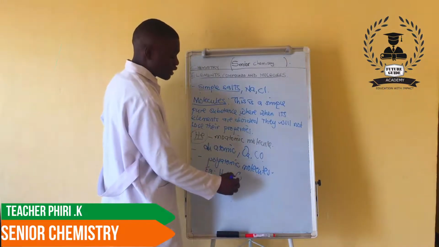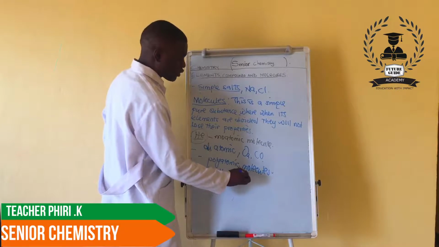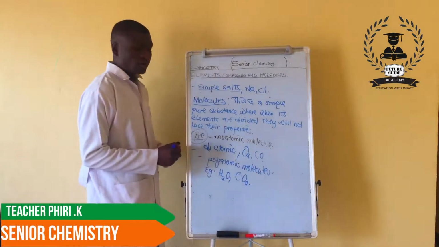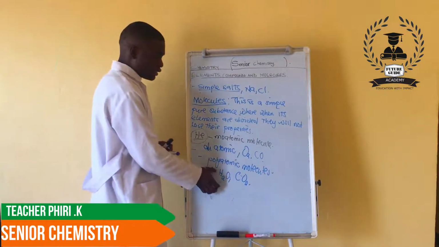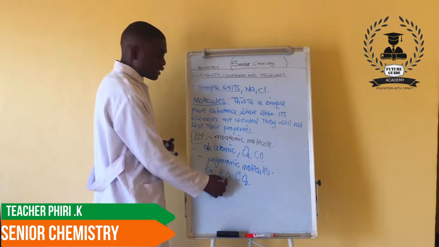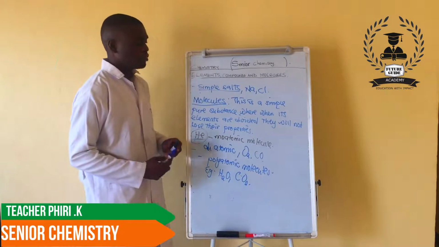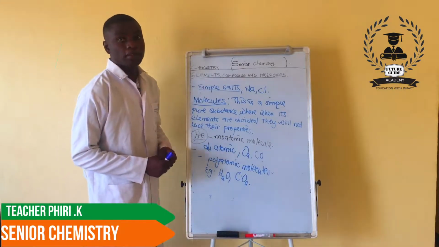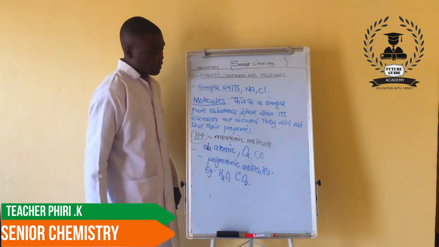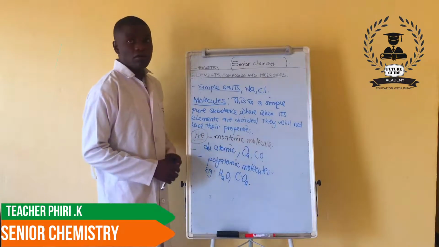We also have CO2, which is carbon dioxide. All these have more than 2 atoms. As a result, they are called polyatomic molecules. Those are various examples of molecules.